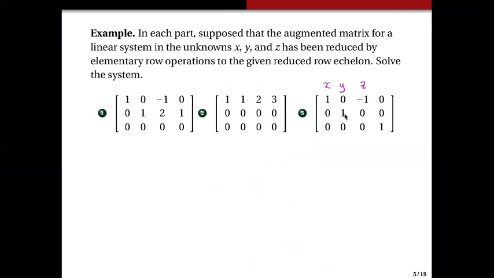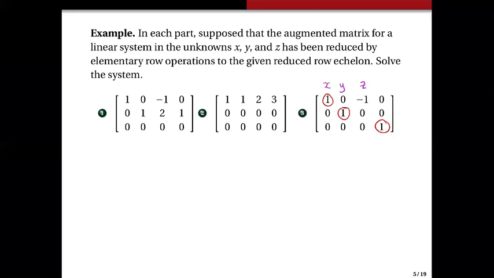This is a leading one for the second row. And the leading one of the second row is to the right of the leading one of the first row. This is a leading one on the third row. And the leading one on the third row is farther to the right of the leading one of the second row. So let me just encircle those leading ones.